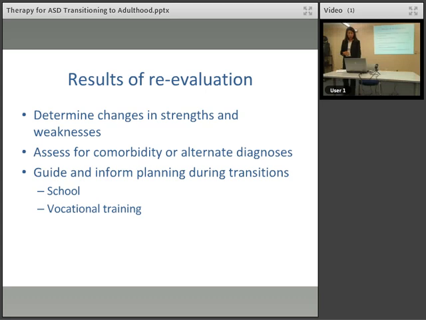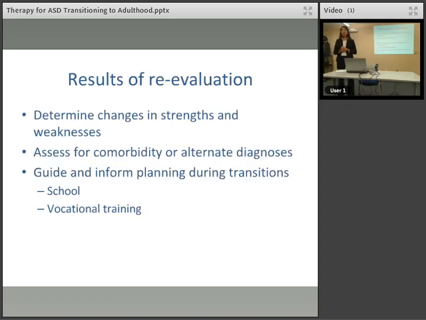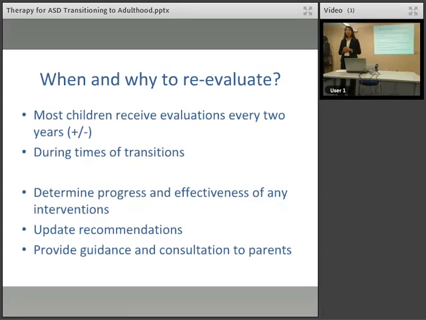Most reevaluations will take place more or less every 2 years, but it's especially important to consider a reevaluation during a time of transition, such as moving from high school to college, or moving from the termination of formal schooling to vocational training.